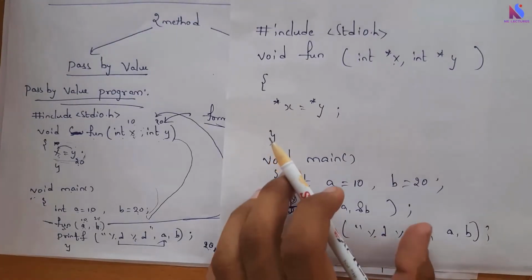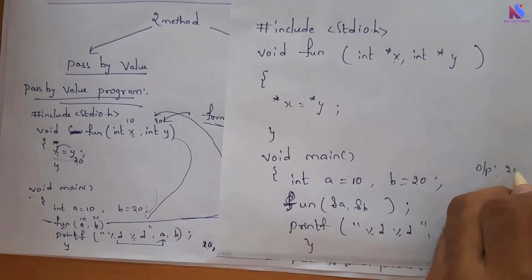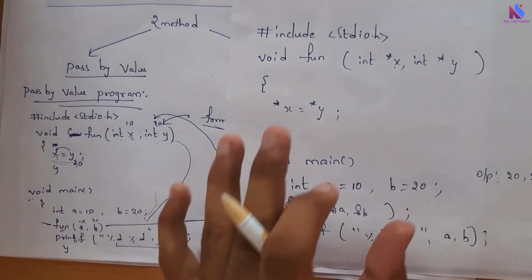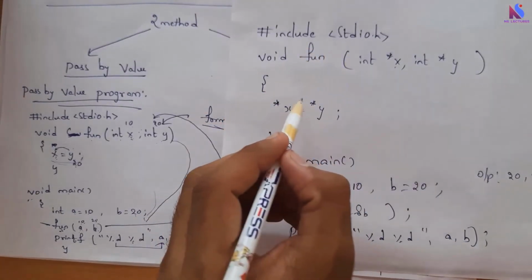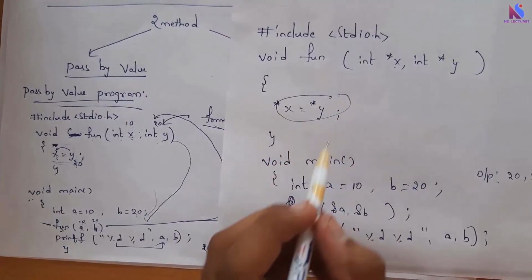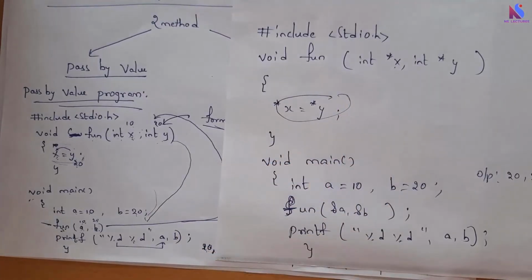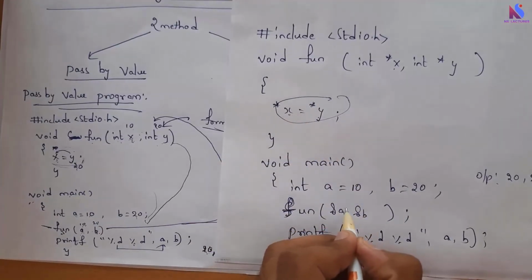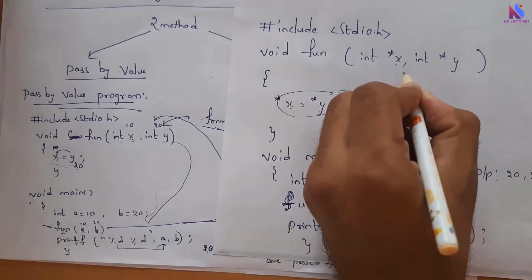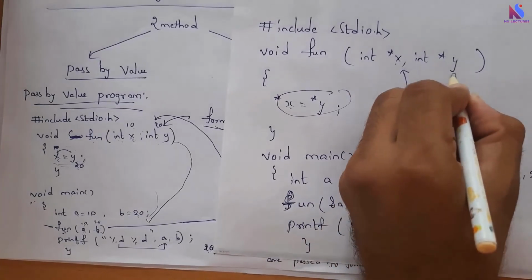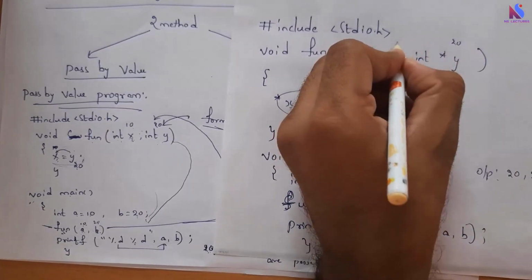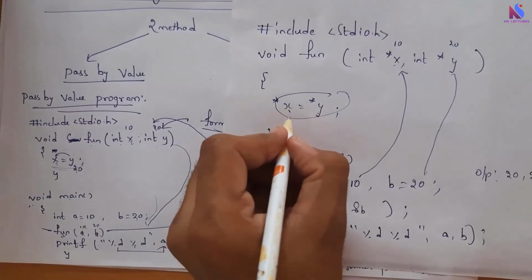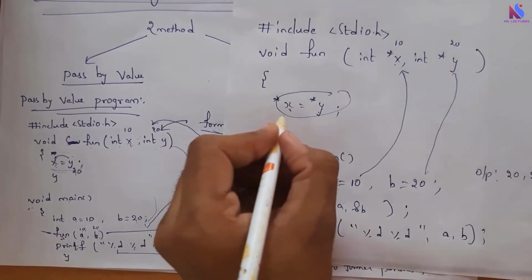By writing this program I will get output as 20 comma 20, because in pass by reference, changes made to formal parameters will affect actual parameters. So here I changed x value as y. Value of y is 20, value of x is 10. So I changed x value as y, that is 20.